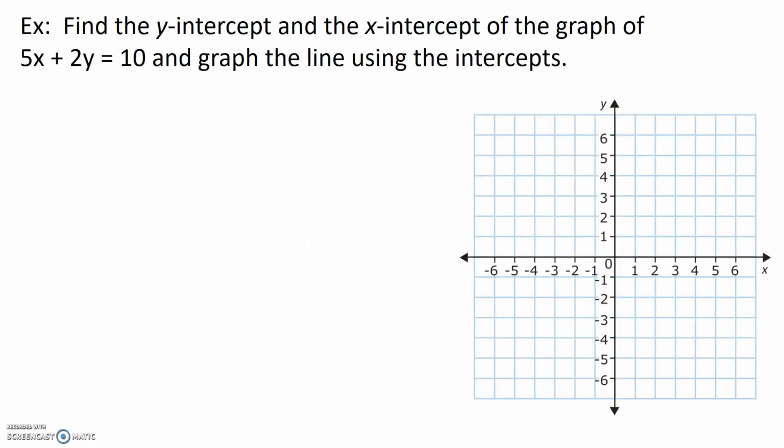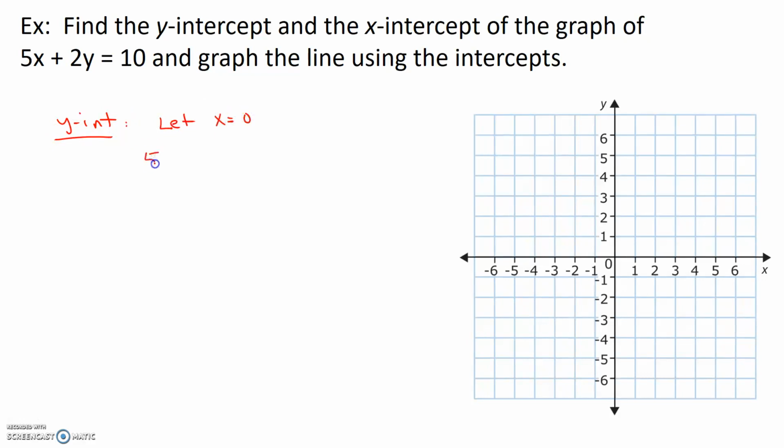For example, find the y-intercept and x-intercept of the graph of the line 5x plus 2y equals 10 and graph the line using the intercepts. So let's first find the y-intercept. For the y-intercept, we will let the x value equal 0 and solve for y.